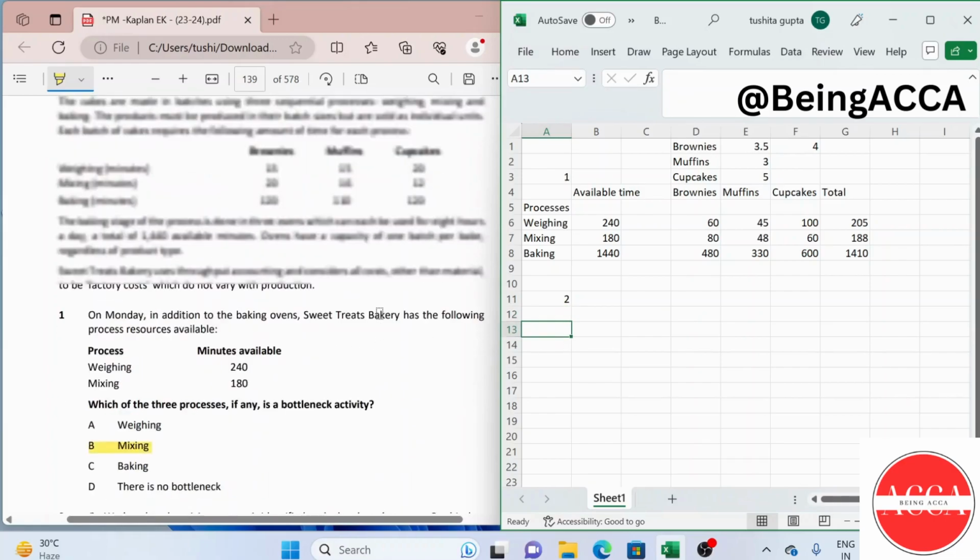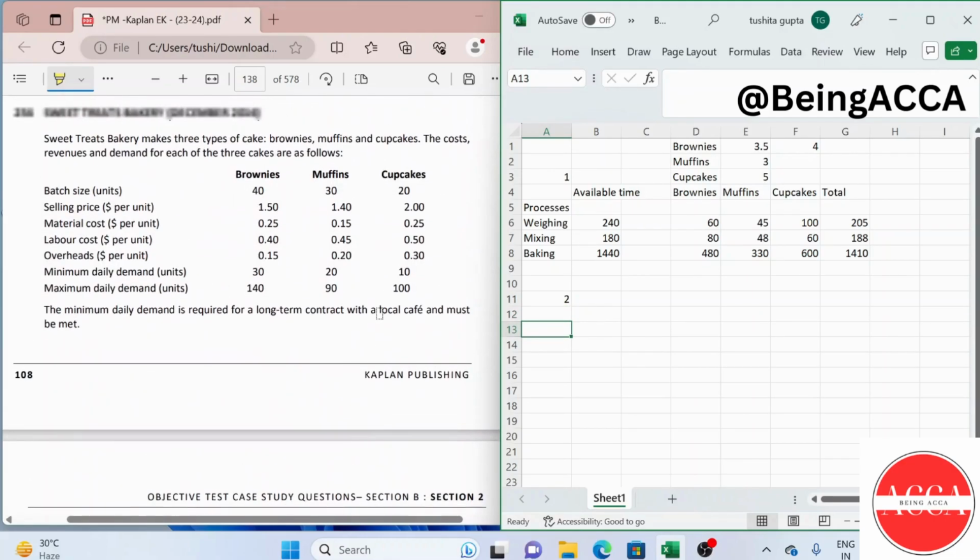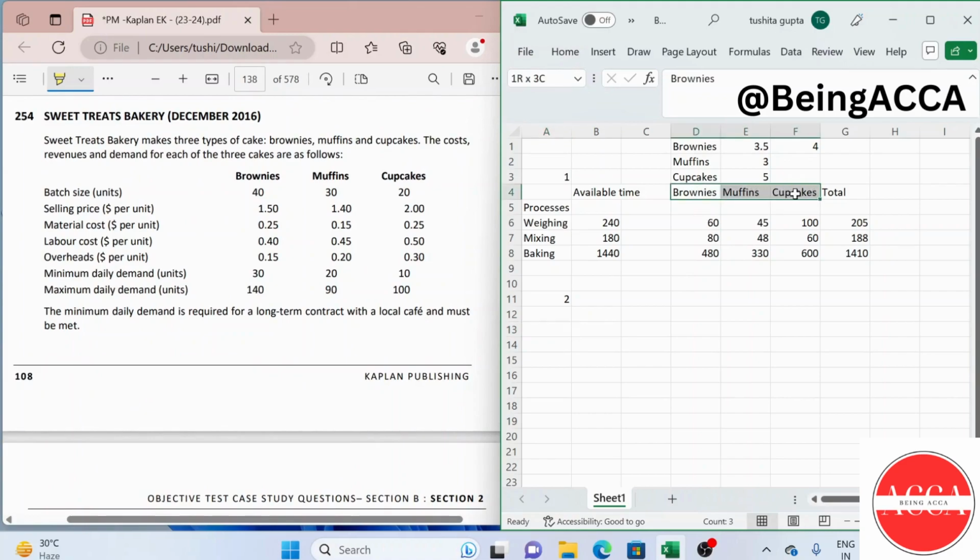So let's first find out how much is the contribution. Let me list down the 3 products. So these are our 3 products. Then let's write throughput. Since these are manufactured in batches, I'm going to find out the throughput per batch. Throughput is selling price minus your material cost, and I'm just going to multiply this by the batch size, which is 40.